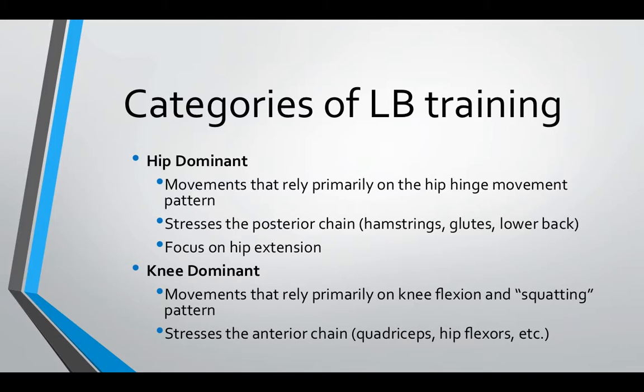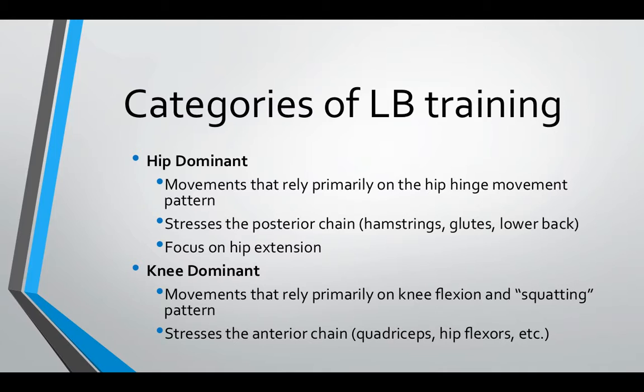So with training, there are hip dominant and knee dominant movements. Hip dominant movements rely primarily on the hinging, a little bit more glute activation, hamstring, and lower back. This is focusing on hip extension, so bigger muscles to drive that weight up. Then you have knee dominant movement patterns. This is mainly on knee flexion and extension.